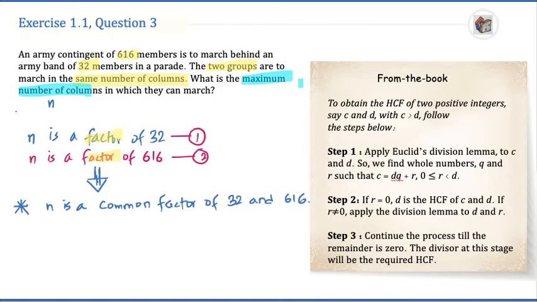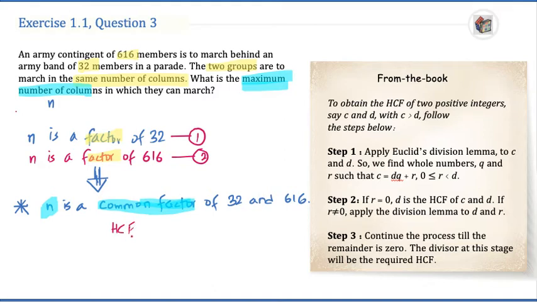But there's one more thing that the question wants us to do. It says, what's the maximum number of columns? So it does not just want any common factor, it wants the maximum that this can be. Now you know exactly a term for that. What is the greatest possible common factor that two numbers can have?